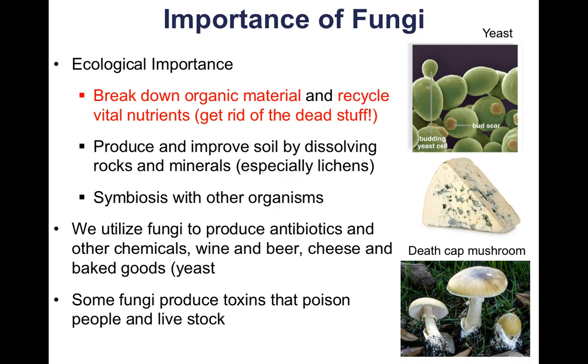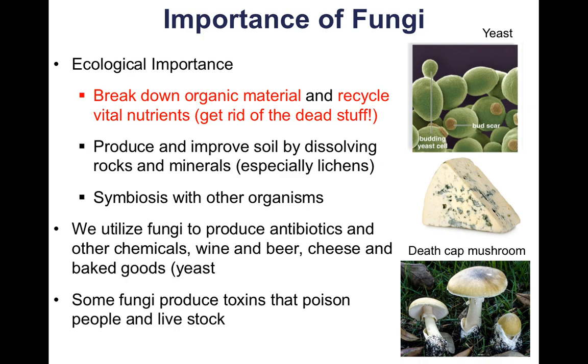One type of fungi, yeast, is used in the production of alcohol. That's brewer's yeast, so we use that to make wine and beer. Baker's yeast is used to make baked goods, so we wouldn't have any nice breads or leavened baked goods if it wasn't for this single-celled yeast. And then different types of molds are also used in cheese production.